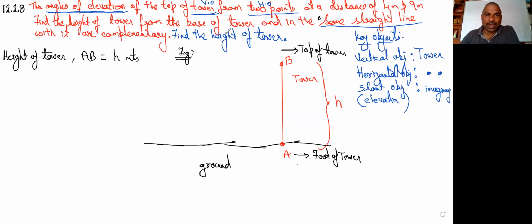Now, see here. Base of the tower and in a straight line. So, which is the base of the tower, Dhruvita? Ground, sir. Foot of the tower is nothing but point A. From there onwards, if you draw a straight line, we have drawn a straight line passing through the foot of the tower.